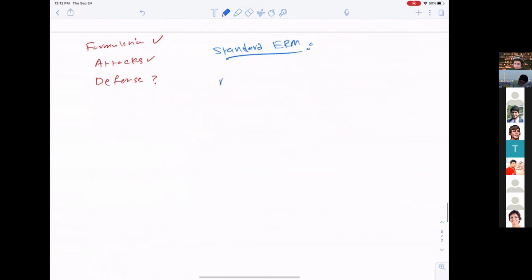We are picking model parameters, minimizing the classification loss over my training set, XY. And we know that if we train based on ERM, the model is going to be very fragile against adversarial attacks. So we want to robustify the model during the training.